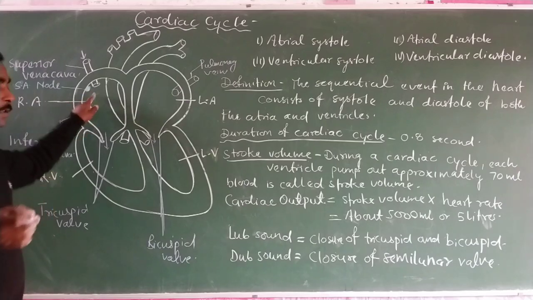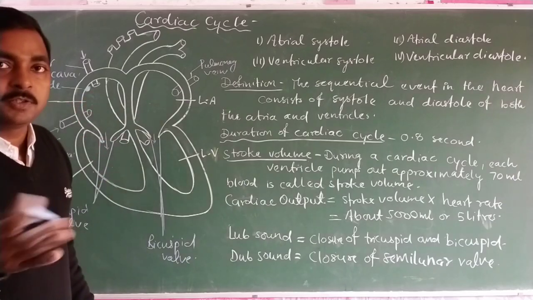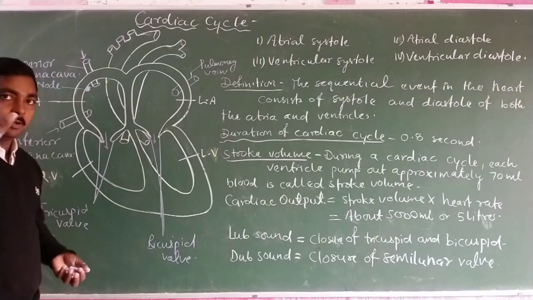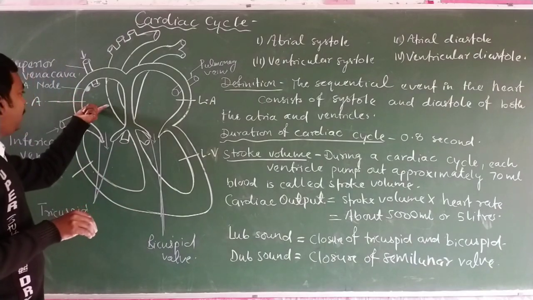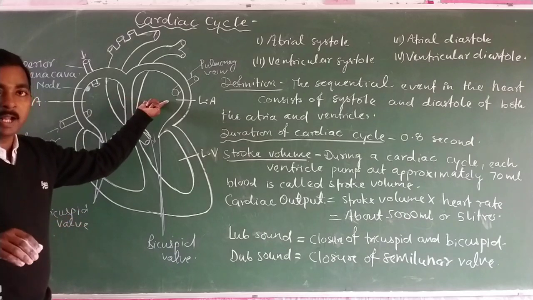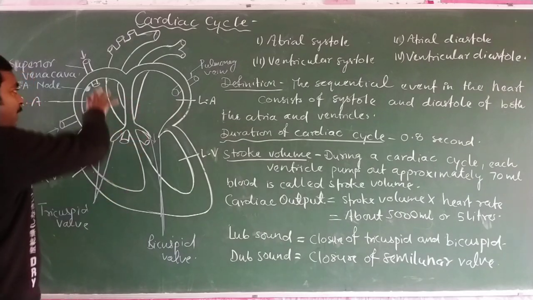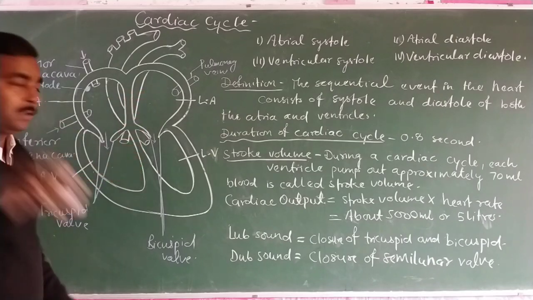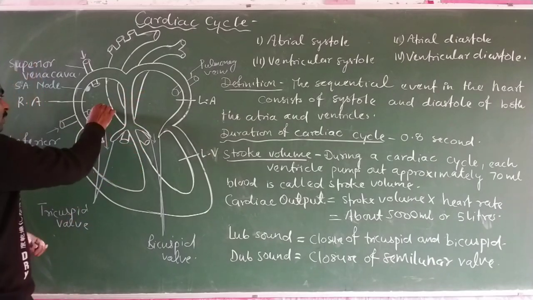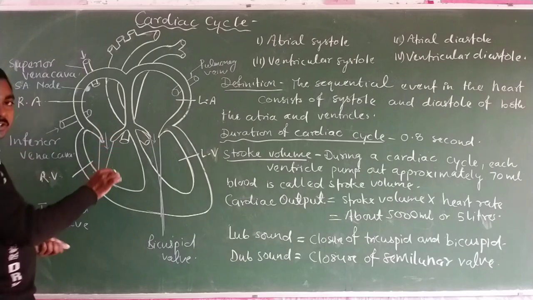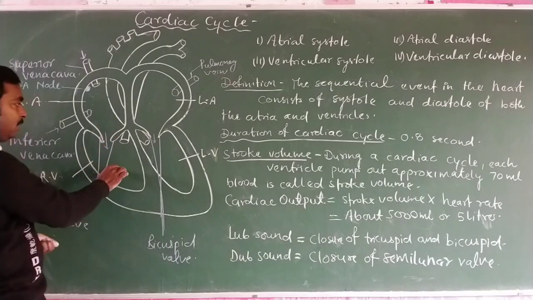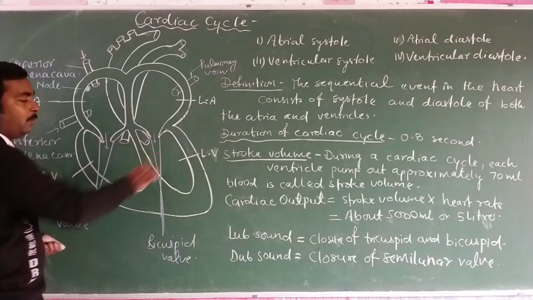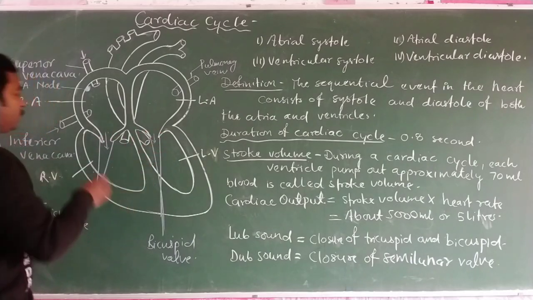After relaxation, an impulse is generated at the sinoatrial node, and this impulse is responsible for the contraction of both the right atrium and left atrium. When they contract, the blood is pushed with pressure into the ventricle, because the tricuspid and bicuspid valves remain open.